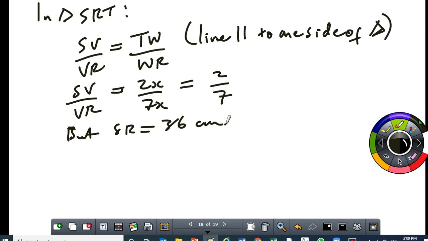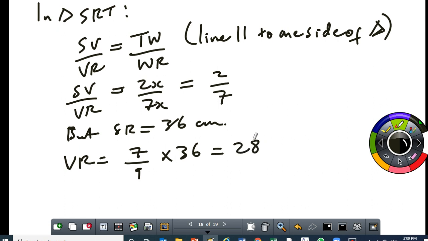The 9. So I can say VR is going to be equal to 7/9 times 36. And that will give you 28. Do you remember the concept that I spoke about on Monday? Ratio fractions.